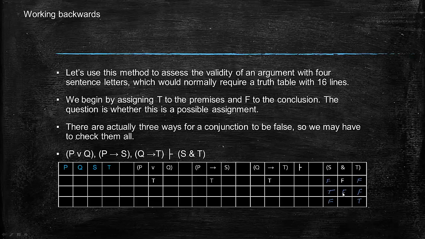So those are all possible assignments of truth values to S and T that we might have to check. We might have to check all of these. But still, that's just 3. It's not 16. Okay?